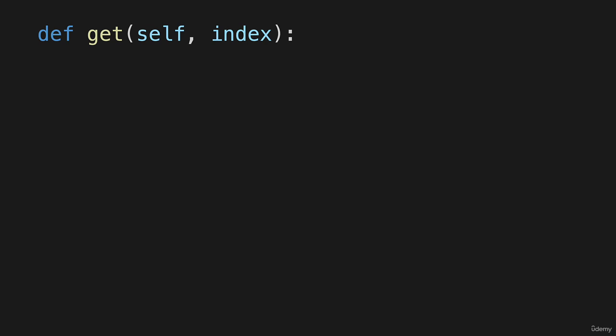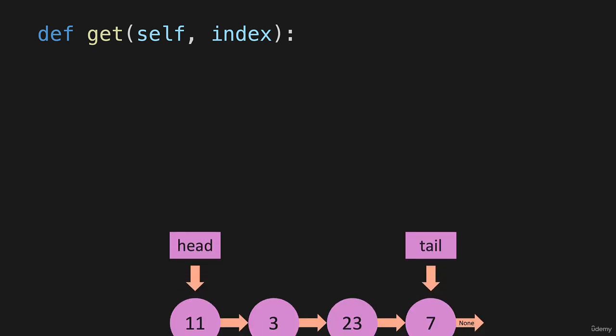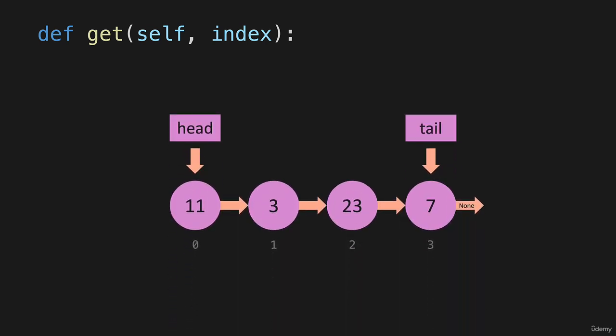linked lists. Get is going to be one of those methods that we write very differently than the way we did in singly linked lists. So let's start out by actually bringing up a singly linked list and walk through the steps that we went through to make this work in a singly linked list. First, we had to make sure our indexes were, in this case, 0, 1, 2, or 3.